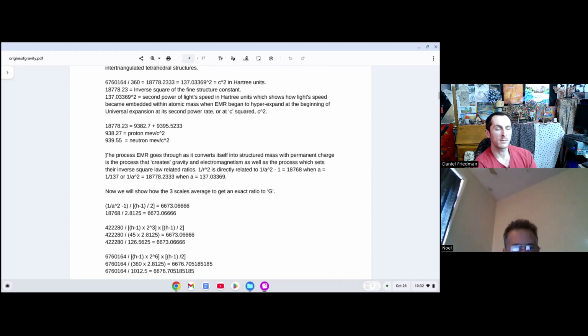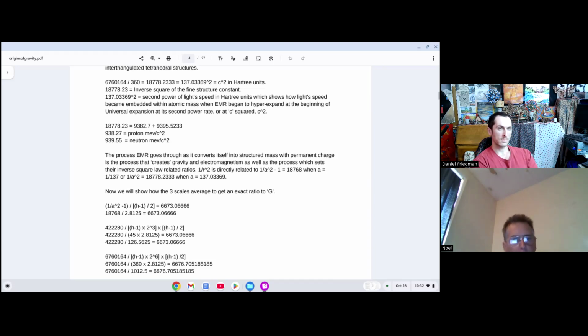The process EMR goes through as it converts itself into structured mass with permanent charge creates gravity and electromagnetism, as well as the process which sets their inverse square law related ratios. 1 divided by radius to the second power is directly related to 1 divided by the inverse of the fine structure constant to the second power minus 1.